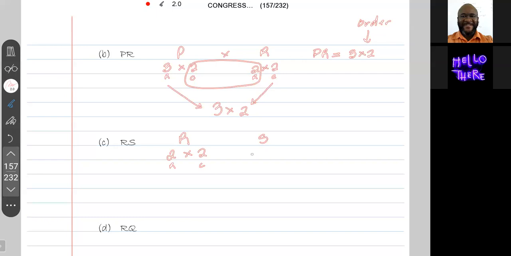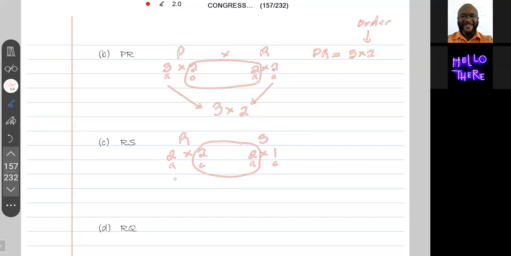S is a 2 by 1 matrix, 2 rows and 1 column. Now, two matrices are compatible for multiplication when the number of columns in the first matrix is equal to the number of rows in the second matrix. So yes, the matrix product RS is possible because RS is compatible.